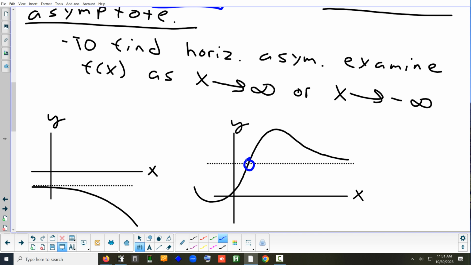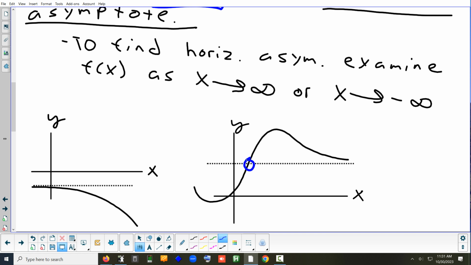So in this particular graph, it crosses here, but then I can see it's getting closer and closer to that dotted line. Where that dotted line is, I don't know. I didn't put graph lines. But that is an example of an asymptote, and so is the one on the left.